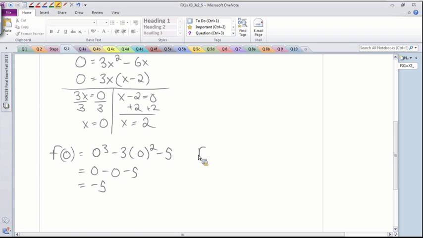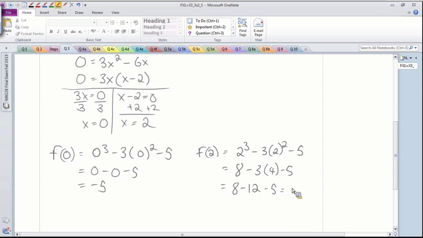Now we'll find f of 2. So plug in 2. We'll have 2 to the third minus 3 times 2 squared minus 5. We'll have 8 minus 3 times 4 minus 5. 8 minus 12 minus 5 is equal to negative 9.